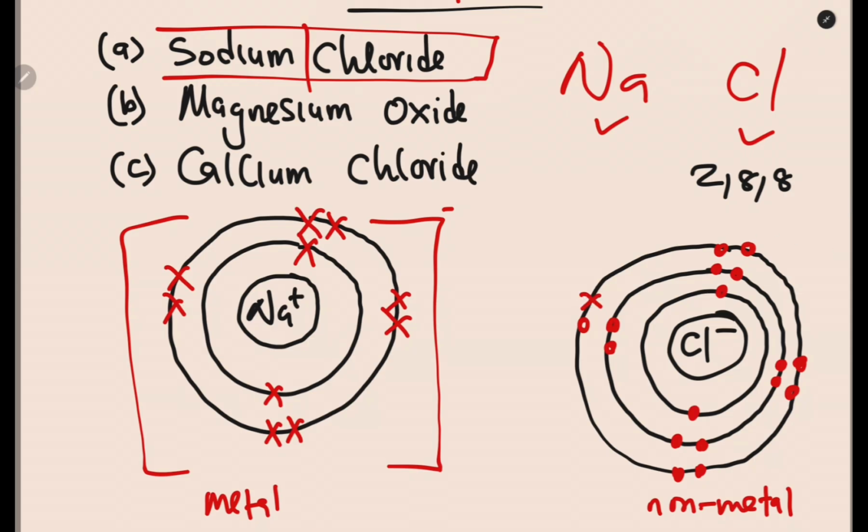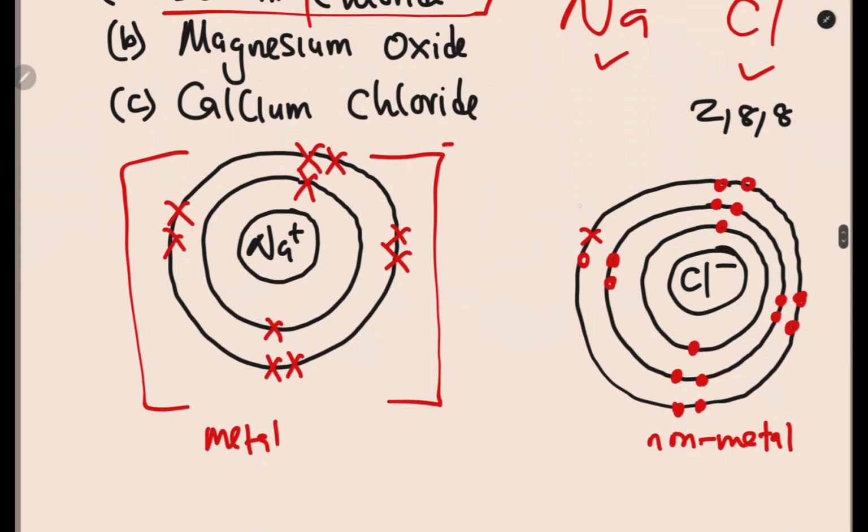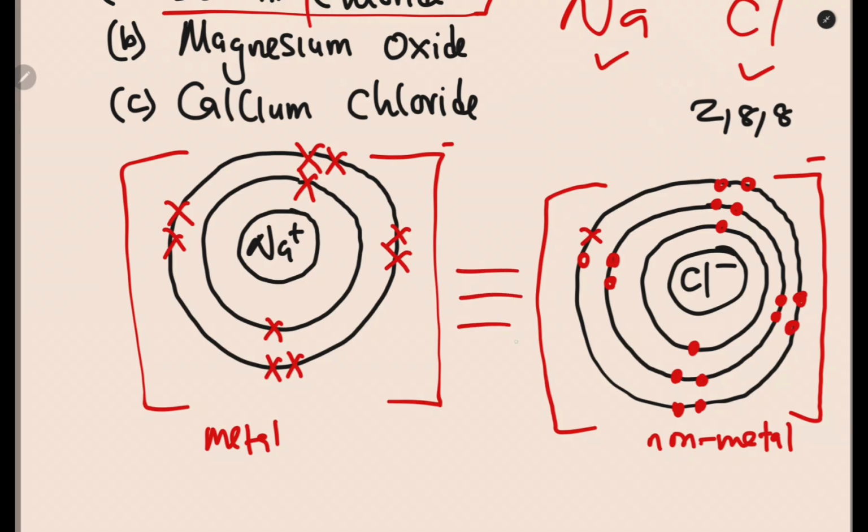And therefore, we show this arrow, that this one was gained from here. To show that this is ionic bonding, we put even this. So this is what we call an ionic bond.